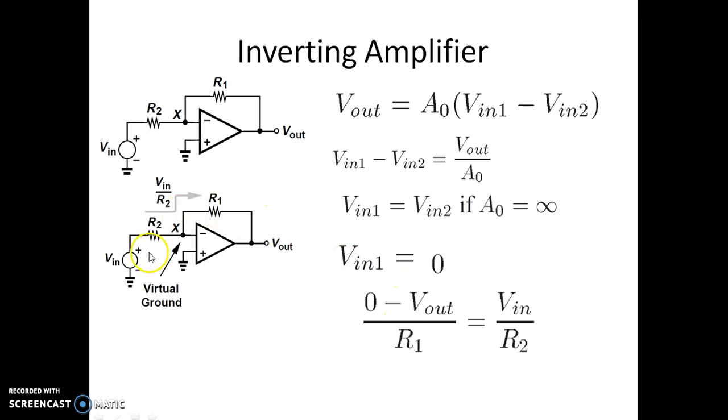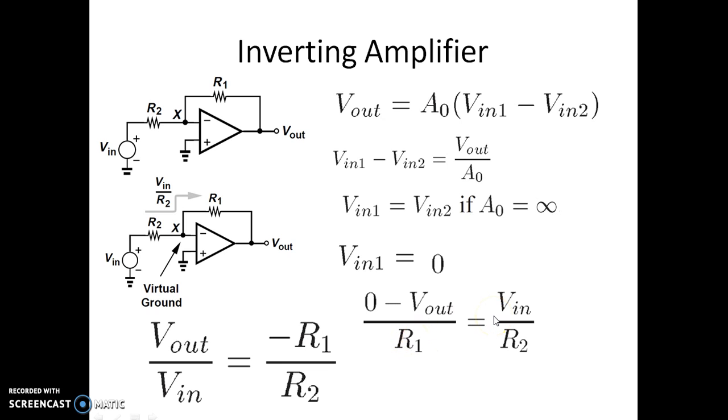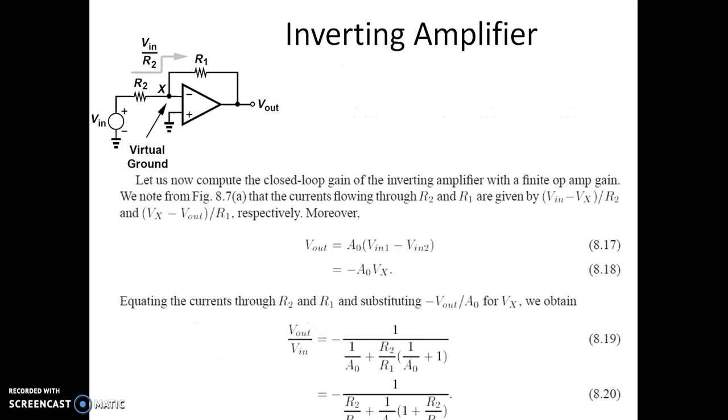The current flowing through R2 is nothing but V in minus 0 by R2. Equating those two currents, we get minus V out by R1 is equal to V in by R2, from which we get the gain expression for this inverting amplifier as minus R1 by R2.